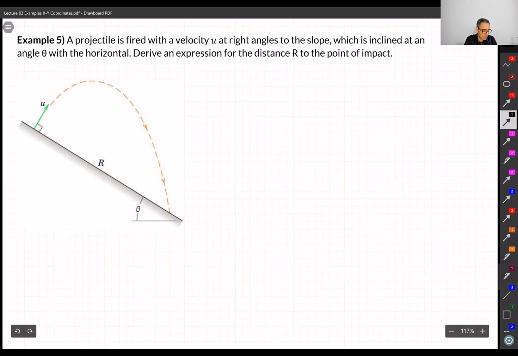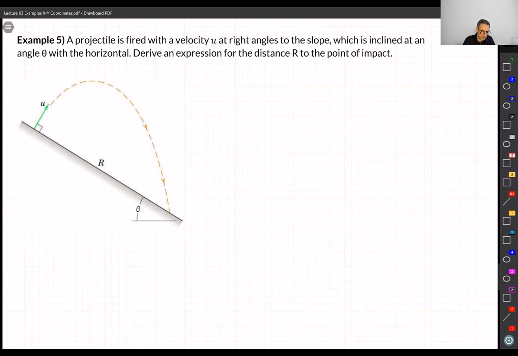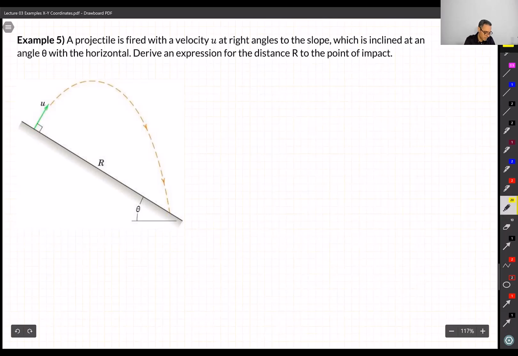So we know how to solve this problem. All right, so what it says: we have a slope with angle theta. So we have this theta here, and this is the slope. And it says that a projectile is fired.